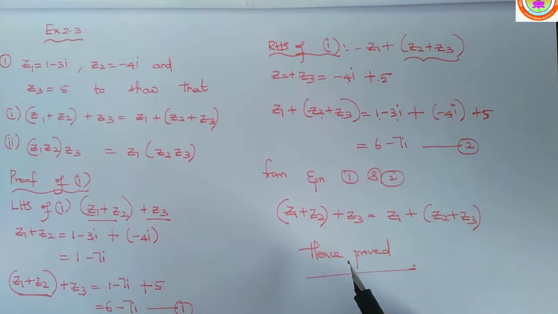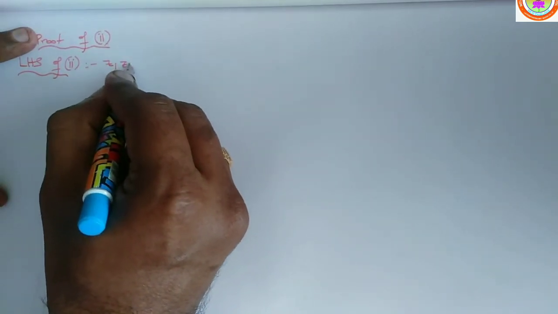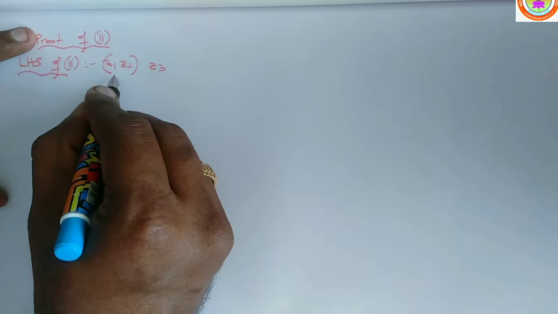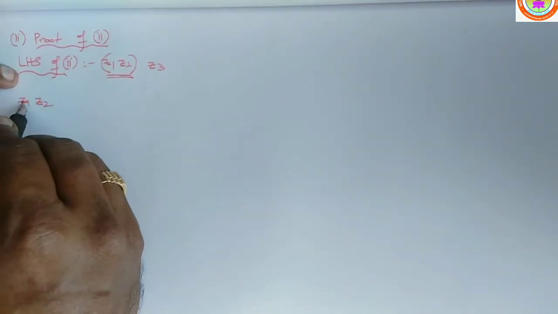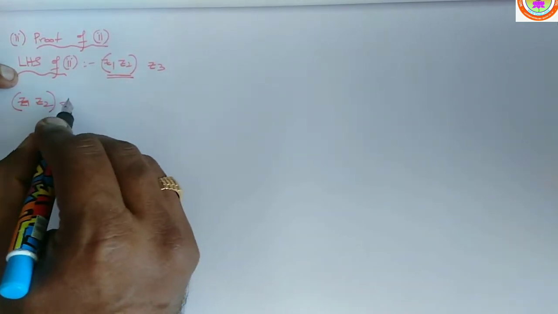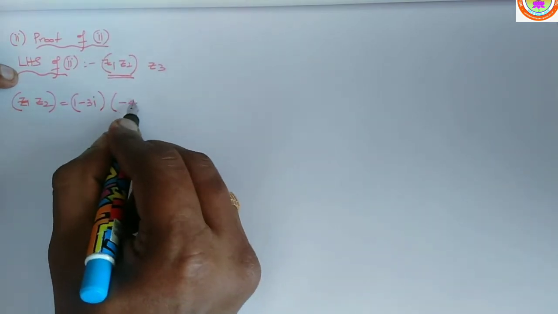That is the second subdivision, the associative property under multiplication. Proof of subdivision 2. LHS of subdivision 2 is nothing but Z1 Z2 into Z3. First we need to find the bracket. Z1 into Z2: Z1 is 1 minus 3i into Z2 which is minus 4i.